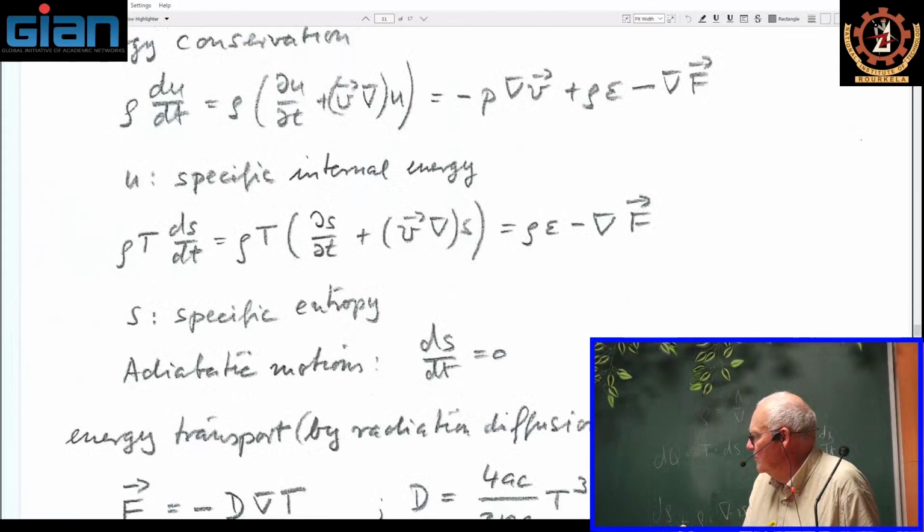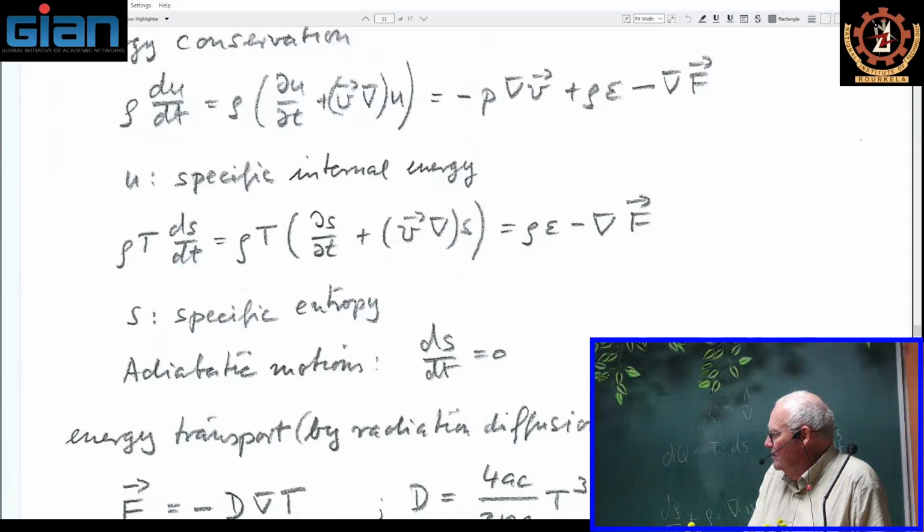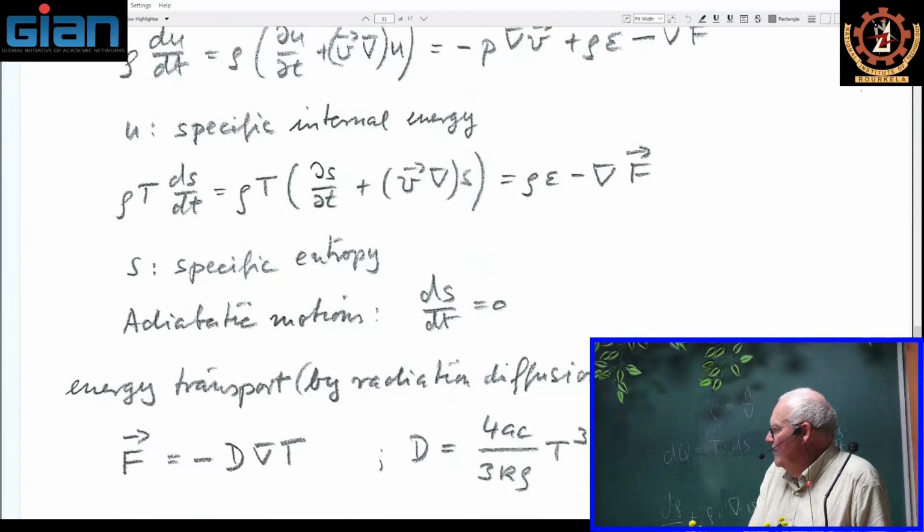This is the energy equation. Adiabatic motions are characterized by constant entropy. Then we have the energy transport, for instance, by radiation diffusion. Then we can specify the diffusion coefficient.